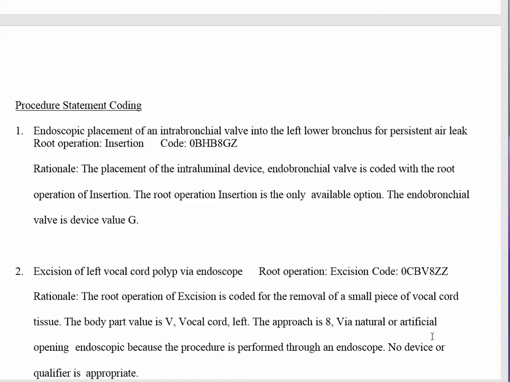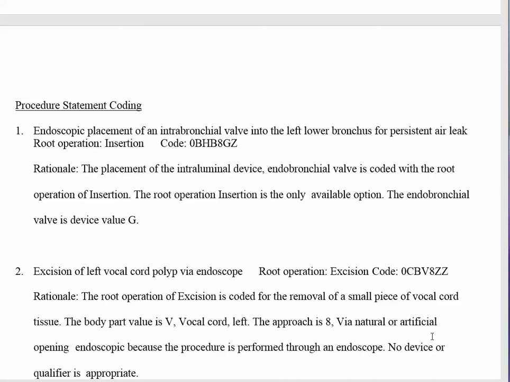0BHB happens to be it. And then we have the endoscopic component, which is 8. And then when we're at that row going over, 0BHB, body part value B, then 8 is for our approach.